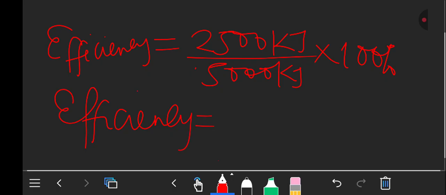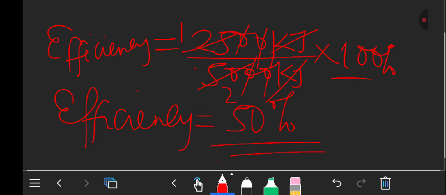Let's cancel the zeros, and kilojoules cancel with kilojoules. What is 25 divided by 50? That is just half, which is 0.5. So 0.5 multiplied by 100, we are getting 50%. So 50% is the efficiency.